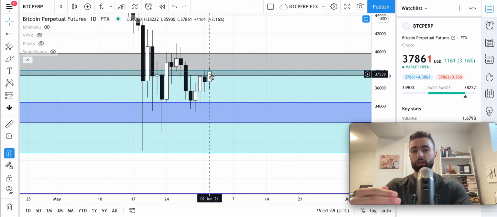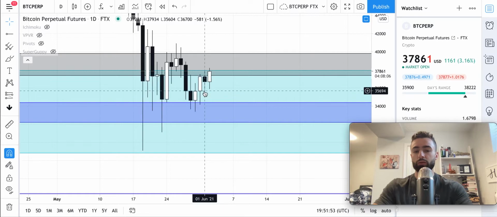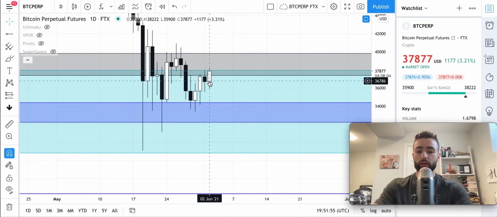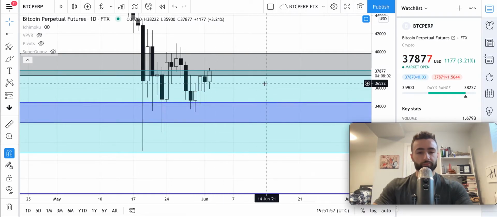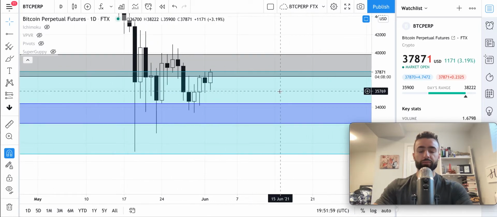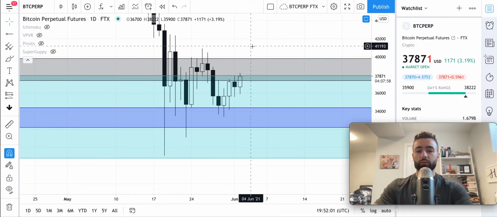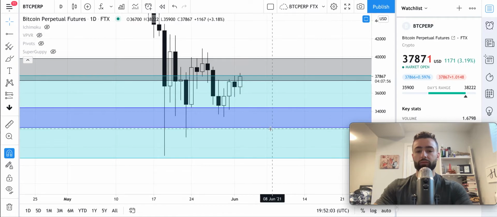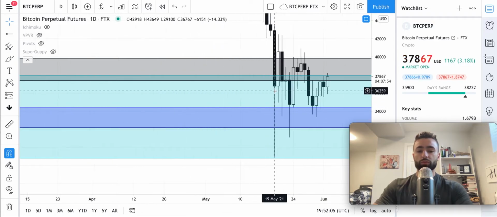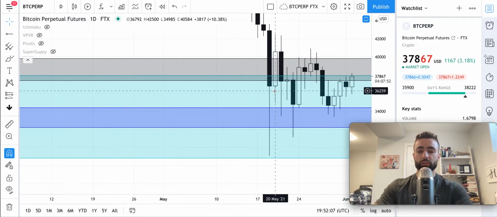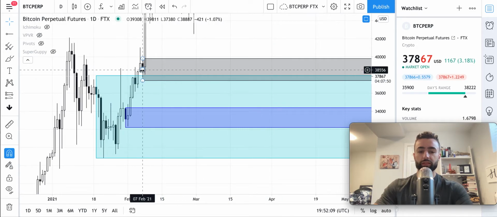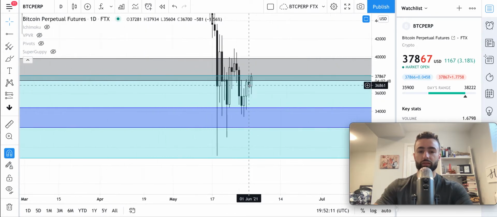It's not actually validated until this is actually set as a high, meaning we need to break the low of that candlestick. So it hasn't been broken. So we're still waiting for this pattern to play out, to either break for a higher high or break for a lower low. So there's really two zones that we're looking at. It's this gray zone right here from this daily candle back on February 7th.